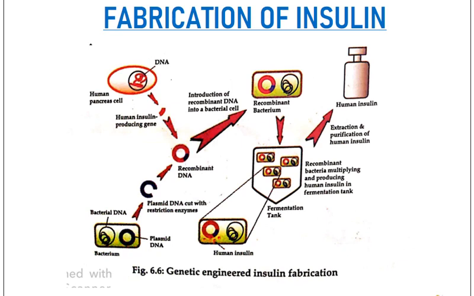Now this recombinant bacterium is reproduced in a fermentation tank and helps in the yield of human insulin. Now this insulin is extracted, purified and bottled, and this is the full process of the fabrication of insulin, and further it is ready for injection in any diabetic patient. So this is all about the application of fabrication of insulin.